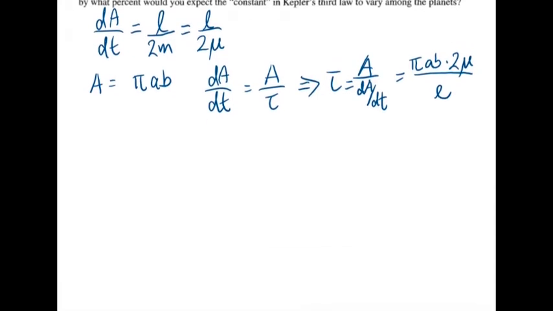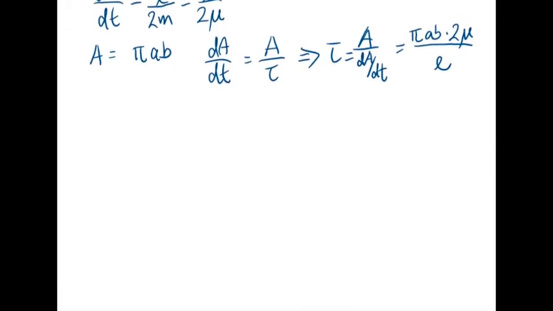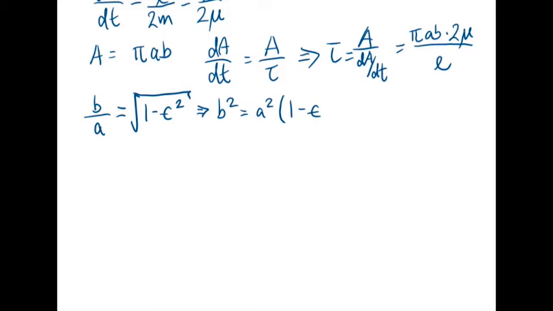Now that we've got an expression for the period, we can use the eccentricity of the ellipse to simplify this expression. By 8.53 in the chapter, the ratio between the minor and the major axes is equal to the square root of 1 minus the eccentricity squared. So we can make the substitution that b squared equals a squared times 1 minus epsilon squared, where epsilon is the eccentricity.